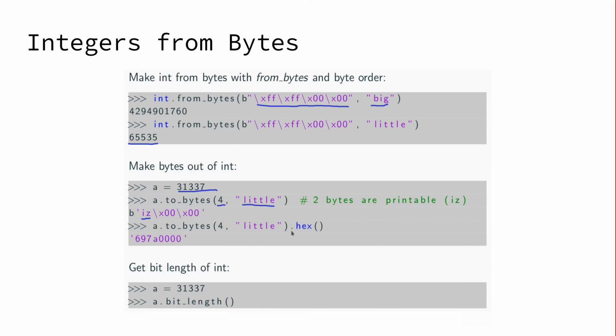But since it's a byte string, I can also use the hex function and then get it as hexadecimal notation. So this number, interpreted little endian as bytes, in hexadecimal is this. I can also get the bit length of an integer. Since integers grow dynamically in Python, I can just use the .bit_length method on the integer.